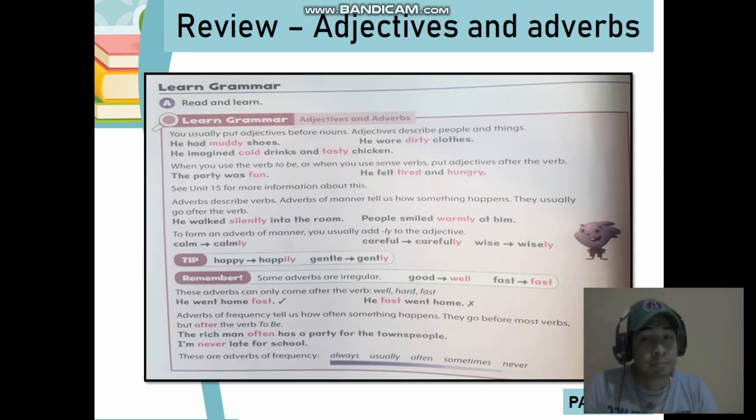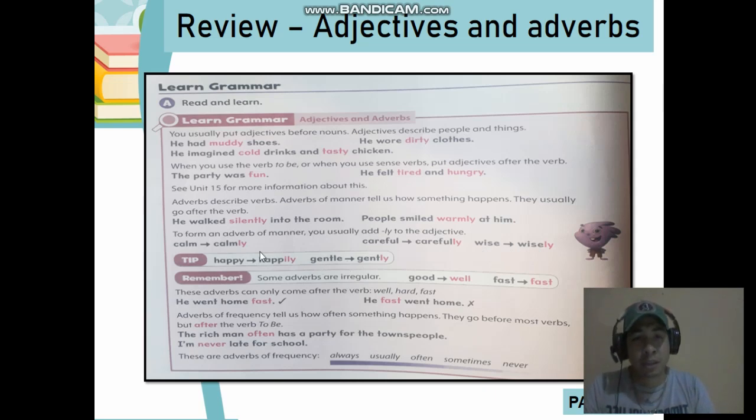Careful changes to carefully. And wise changes to wisely.